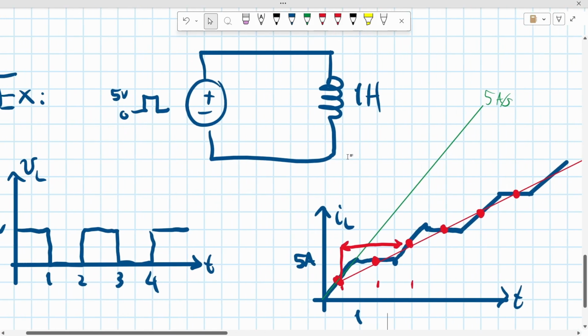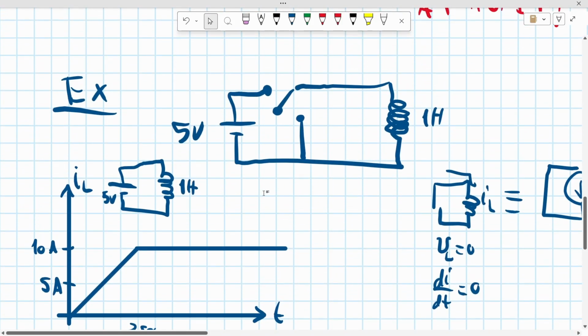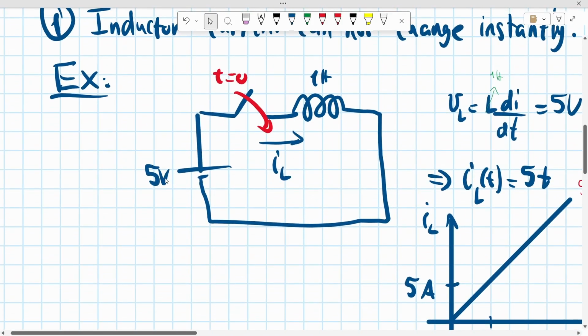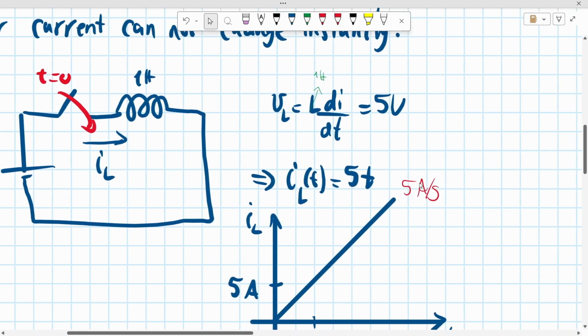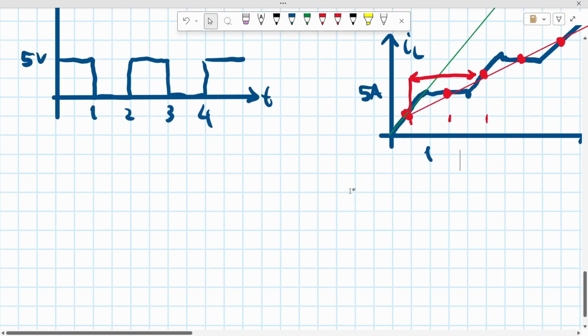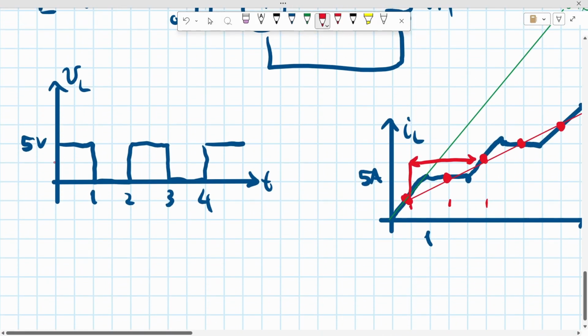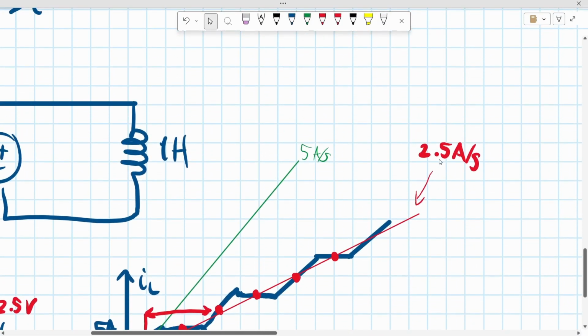So what I want to say is, when we had an average value for the voltage equal to 5 volts, we got an average value for the slope of 5 amps. When we had an average value of 2.5 volts, we had an average value for the slope of 2.5 amps per second.